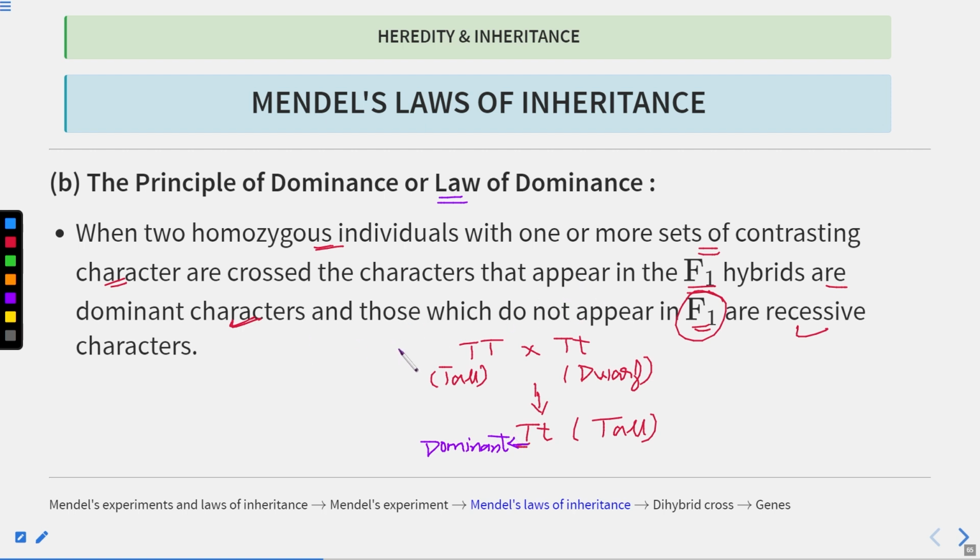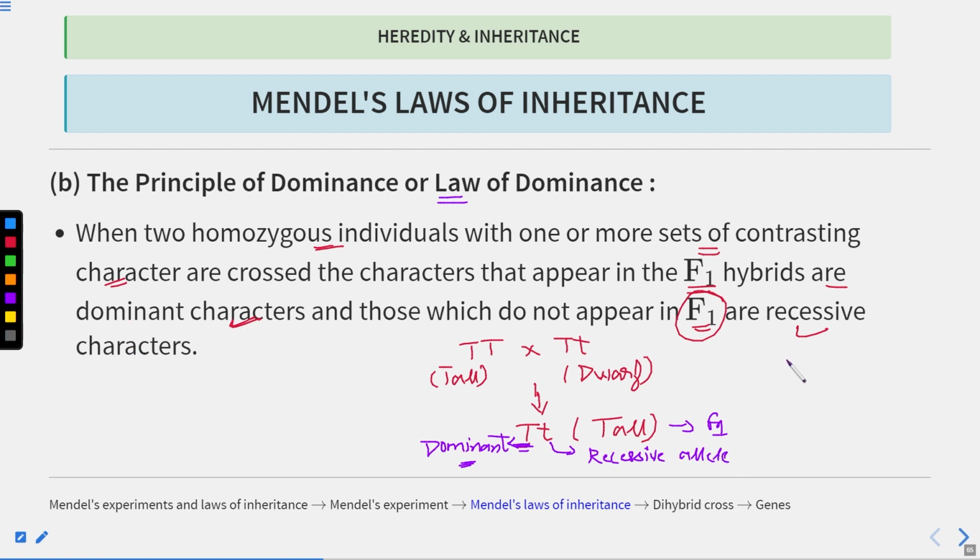So the character which appears in the F1 generation, this F1 hybrid, is known as the dominant character, and this allele is known as the dominant allele. And you can see small t is recessive. This is the recessive allele. That's why its expression is masked by the dominant allele.